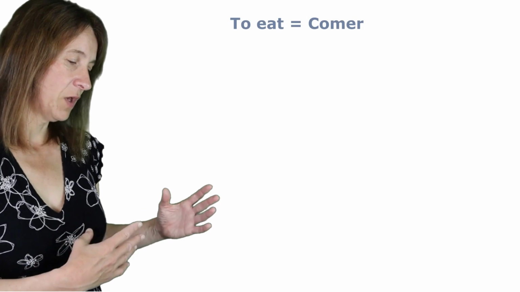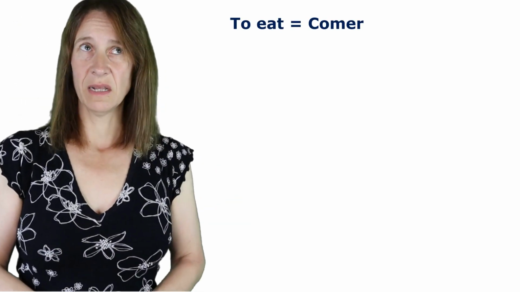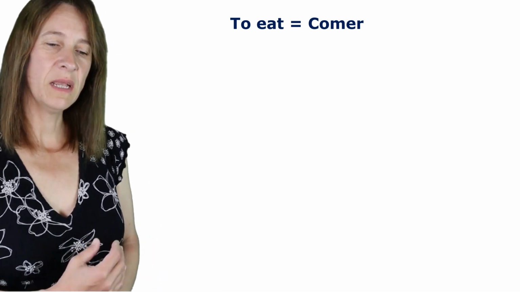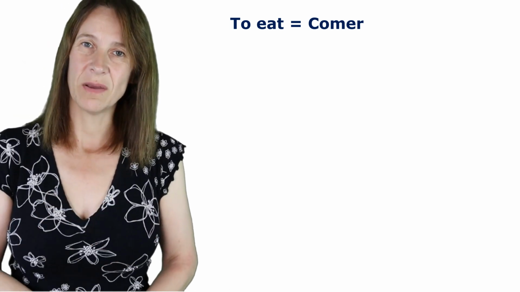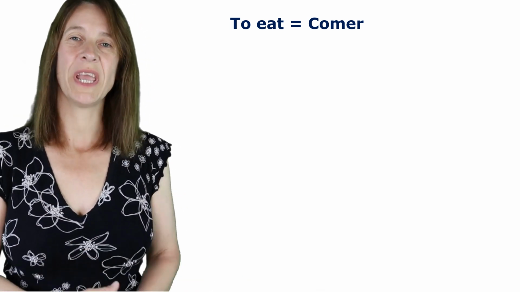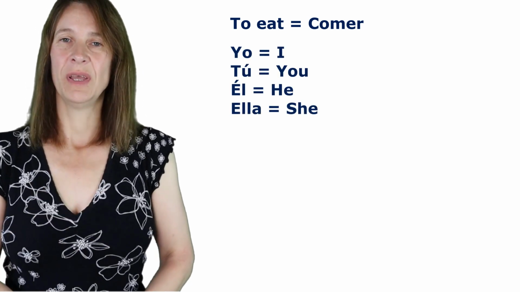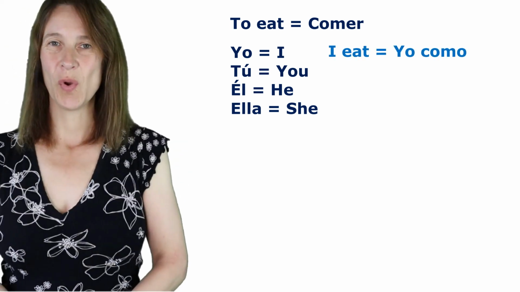Now, when we use a verb in Spanish, it changes according to the person. Like in English, but in English they don't change so much. So in English we say he eats, but I eat without the S. And that's called conjugation. In Spanish, when it's yo, in the present tense, yo como. Yo como.